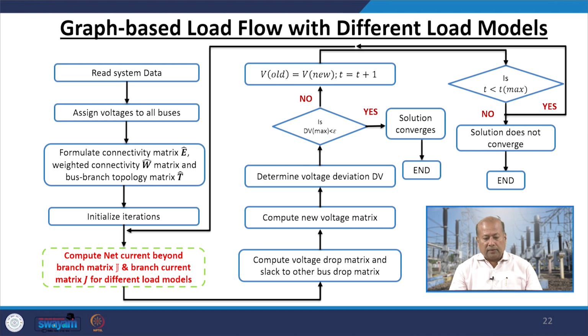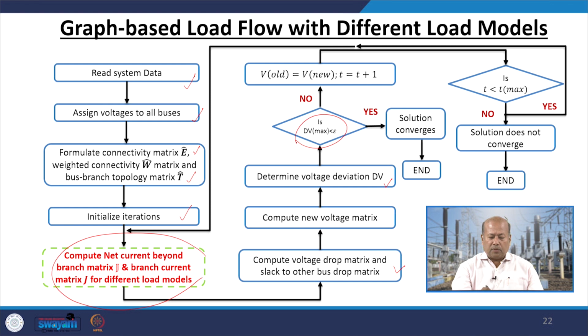Like the earlier case, we can also have a graph-based load flow with different load models. It is almost the same. You read the data, assign voltages at all the buses, determine E, D and T, then initialize the iteration. And this is important: compute the net current beyond branch matrix F and branch current matrix I for different load models. Once this is done, you compute the voltage drop matrix and then determine the voltage deviation.